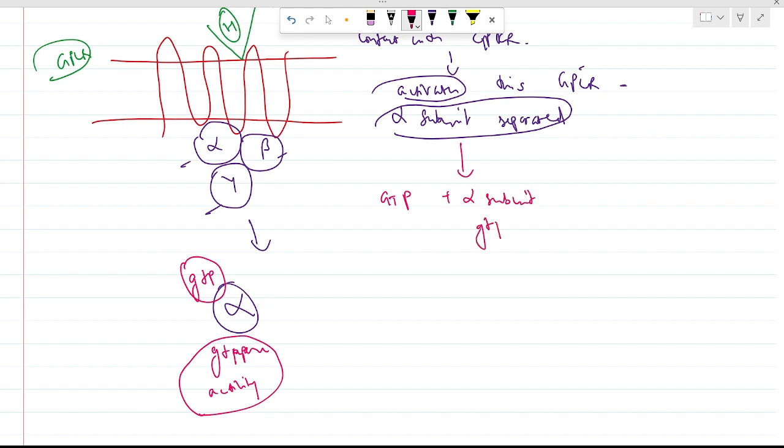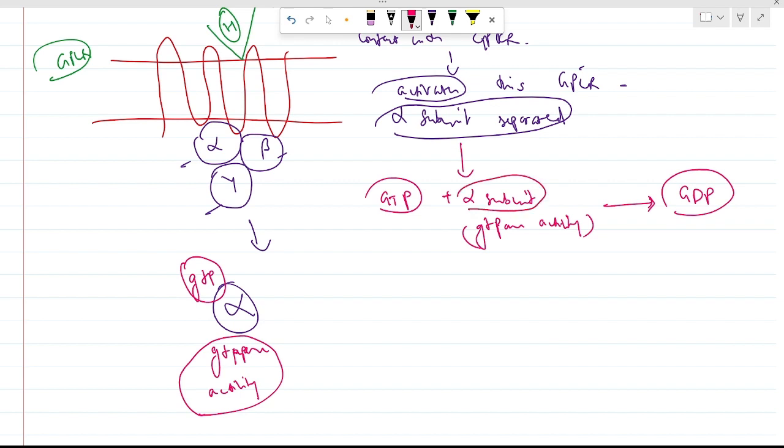This has GTPase activity, leading to formation of GDP. This GTP coming in contact with this alpha subunit, which gets separated on activation of the G-coupled receptor, has this intrinsic GTPase activity. It hydrolyzes this GTP to form GDP.